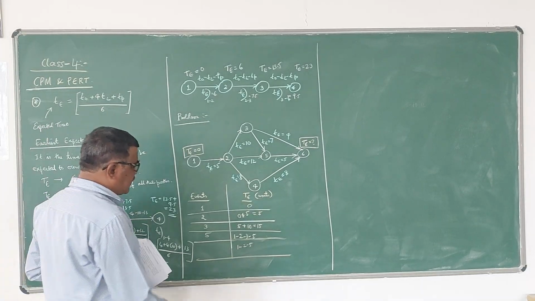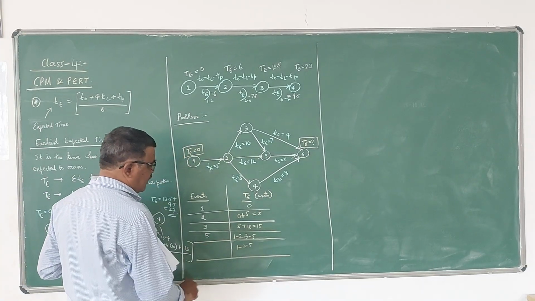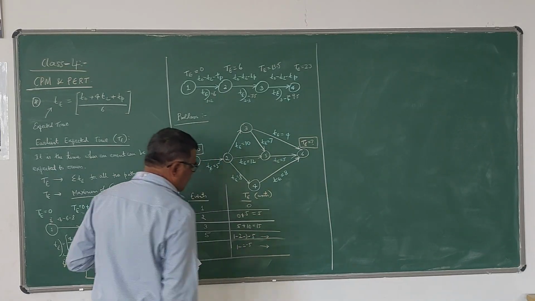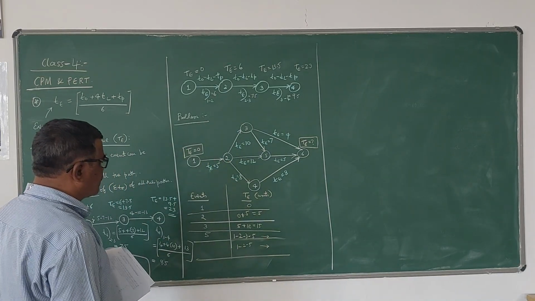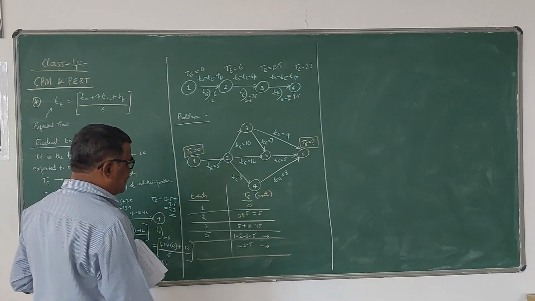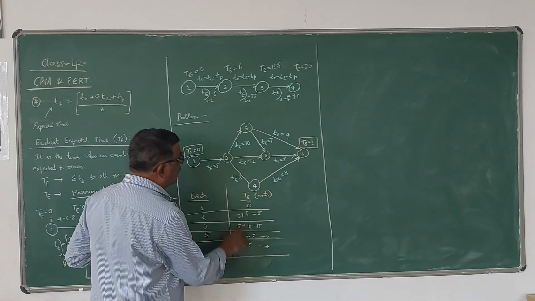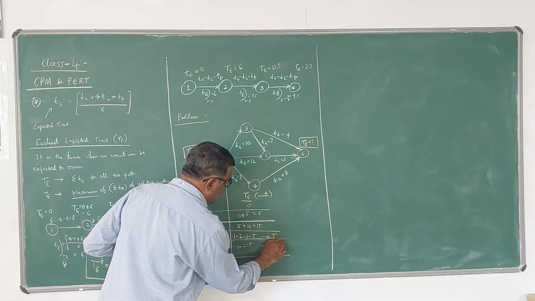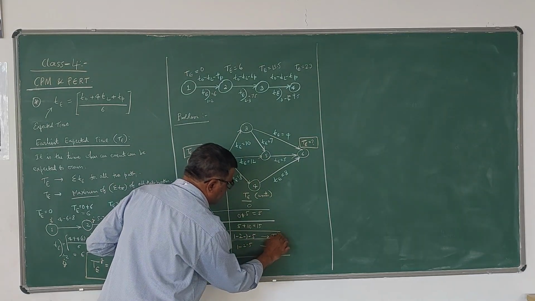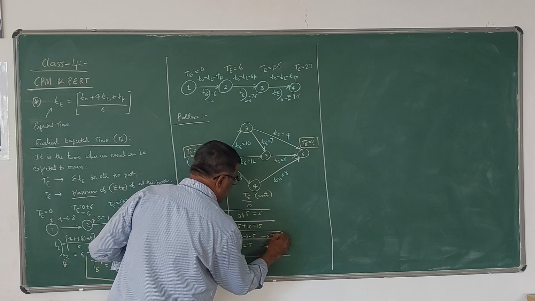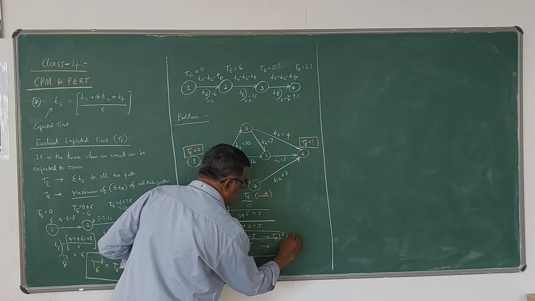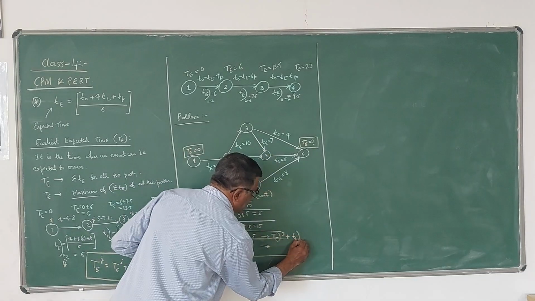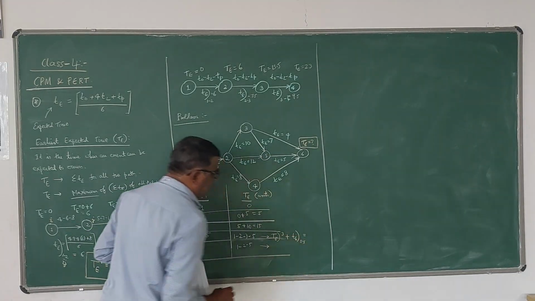Now here you have 2 values for 5. For the first one, I have to take T of the predecessor event, which is 3, plus small t of 3,5.